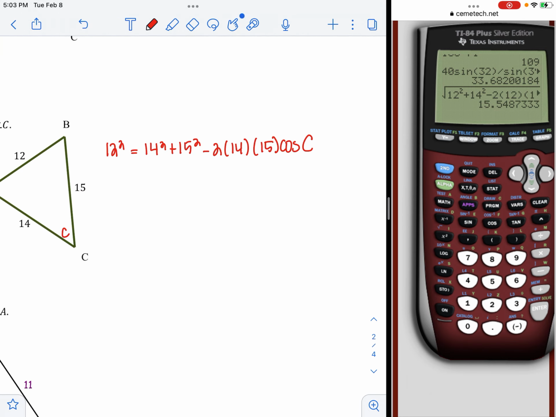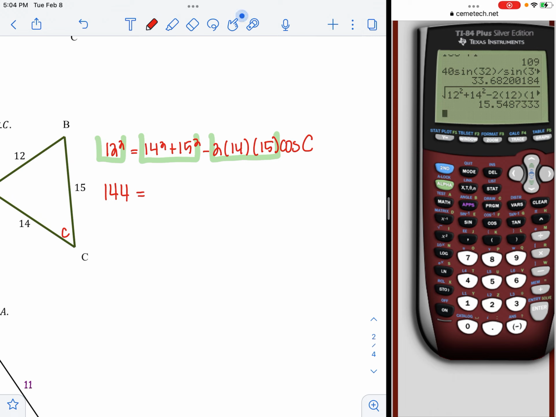So here's what you're going to do. You are going to get 3 numbers. I call them buckets. I want you to make this an equation with 1 variable and 3 numbers. So here's your first bucket. Your second bucket comes from these 2 numbers, and your third bucket comes from these 3 numbers. So the first one I'm going to do is 12 squared. 12 squared is 144 equals. All right, now I want the next bucket.